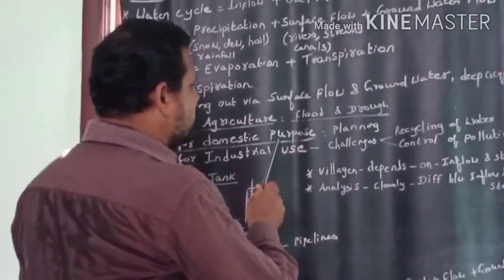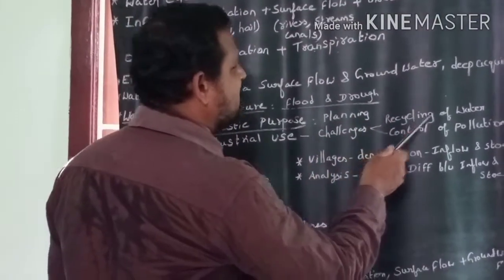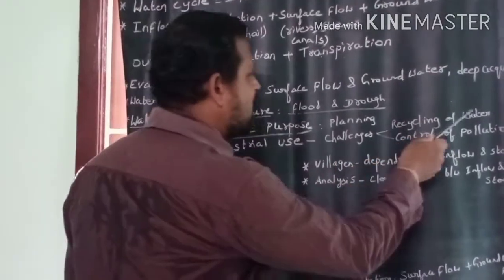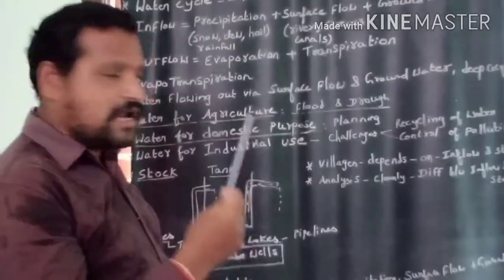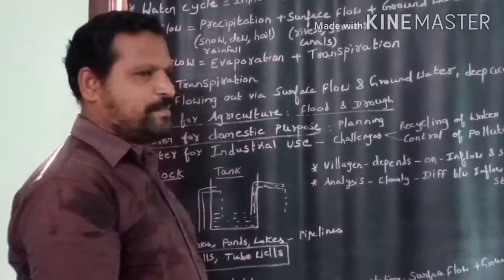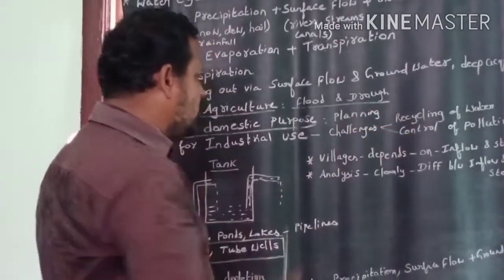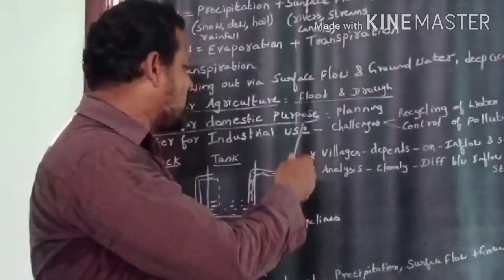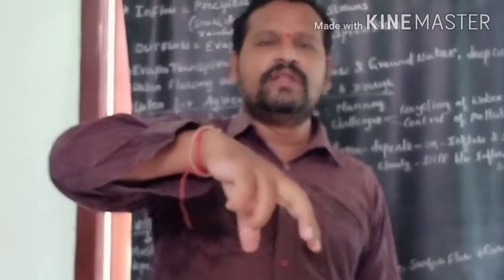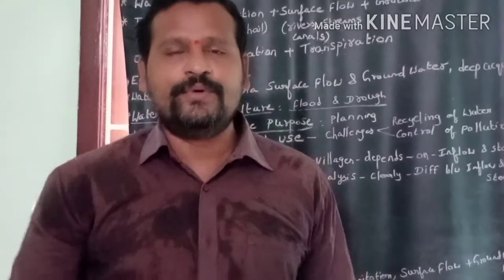So, to solve the first problem, industrialists should take several steps in recycling of water. If industry follows measures in recycling water, the water will be sufficient for industrial use, agriculture and domestic purposes, so the first problem will be solved. If industries take several steps in controlling the pollution, the health condition of people who live in surrounding industrial areas will be improved.